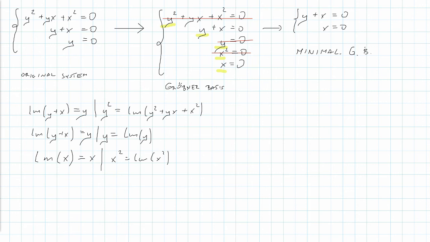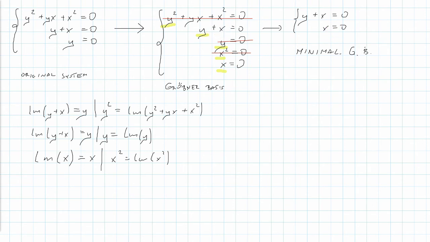The solutions to the resulting polynomial system are 0, 0, the same as before. This does not produce any new solution, and we do not lose any solutions going from here to here.